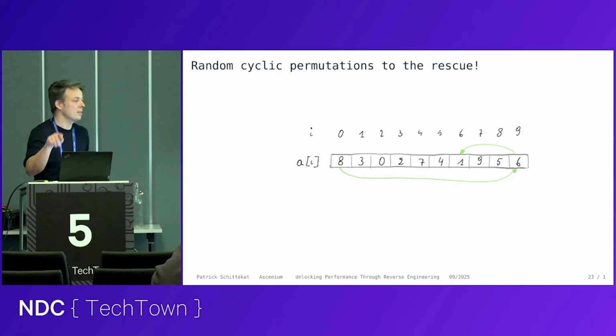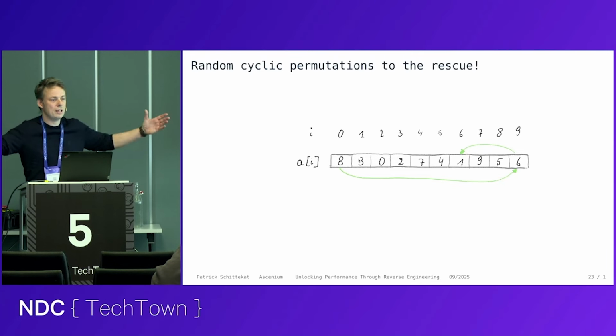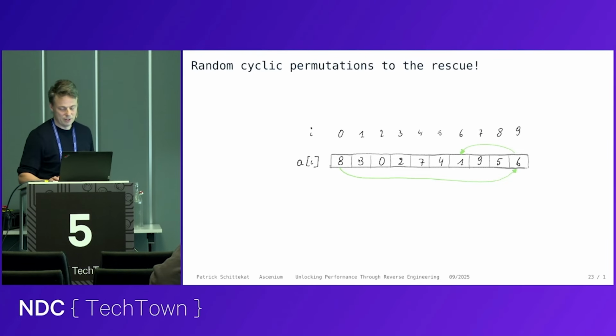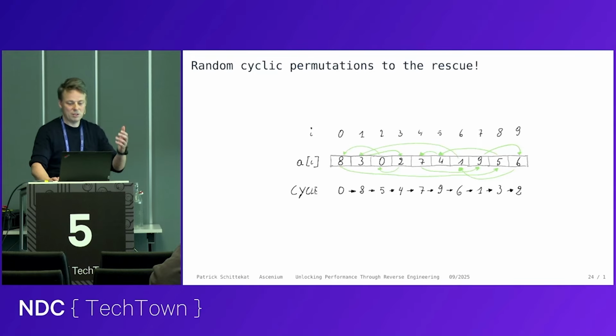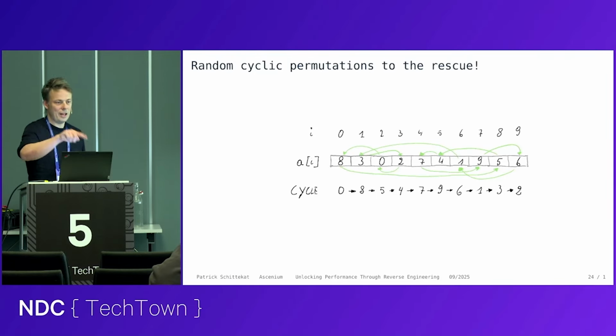We will go back to the same place, and for sure the hardware prefetchers will detect that. So we want to have one big single cycle through a large memory space. Like this one: if you follow the arrows, it's one big single cycle from 0 to 8, 5, 4, 7, 9, 6, 1, 3, 2, and I'm back to 0, and then we can move around.